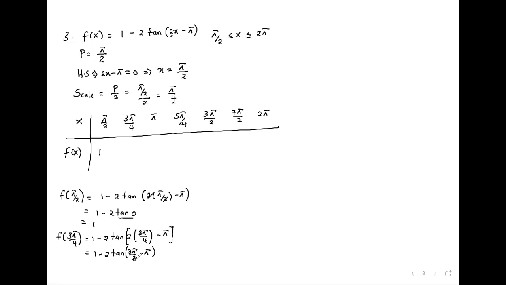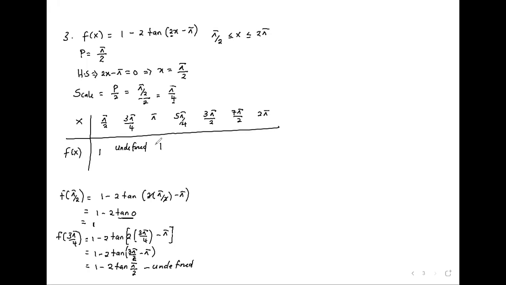This is 270 minus 180, we get 90. So we have tan pi over 2, and tan 90 is undefined. So this is undefined here. We just wanted to prove because we already know.